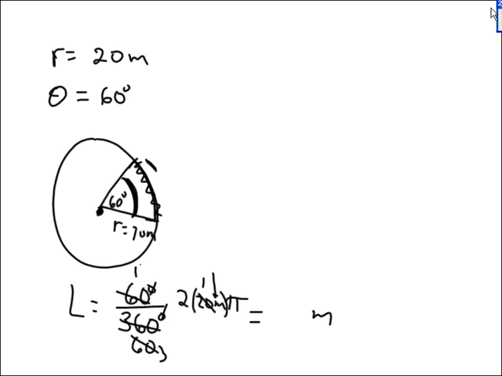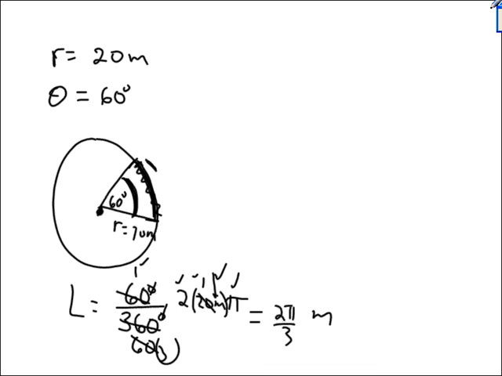All that survived is 1 times 2 times 1, which is 2, times pi, times meters, divided by 3. So you have 2 pi over 3 meters. That is exactly how long that arc length is.